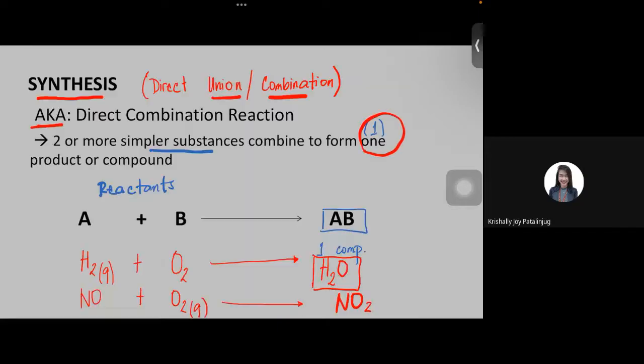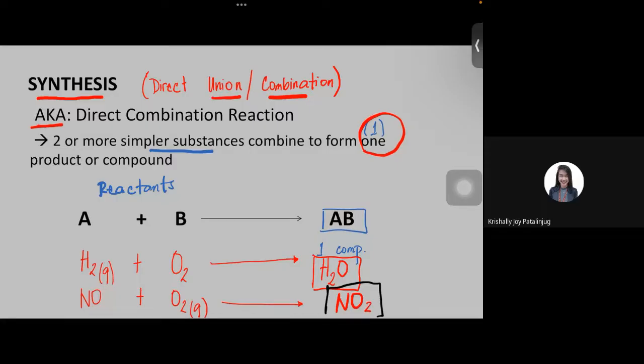Examples. The same with synthesis. Okay, you will not be predicting also products under synthesis type of reaction. Again, the reason this requires knowledge on stable forms of different compounds. Again, for these two types of reactions, just familiarize or kumbaga learn how to identify when it is synthesis, when it is decomposition.